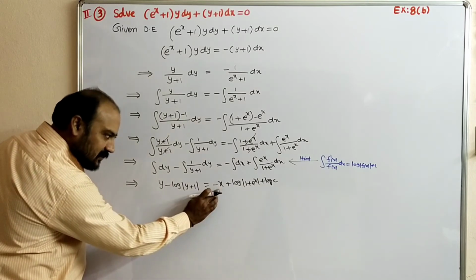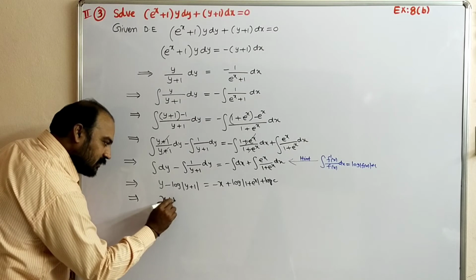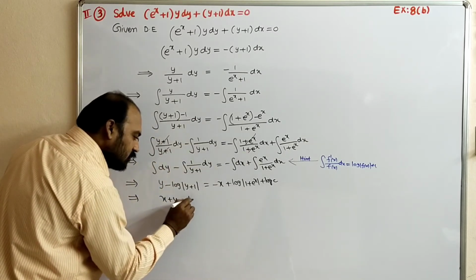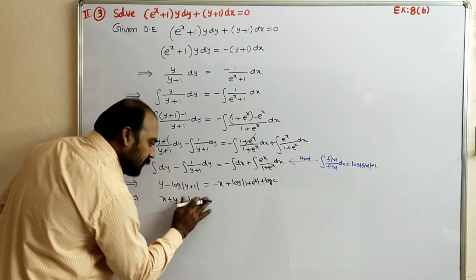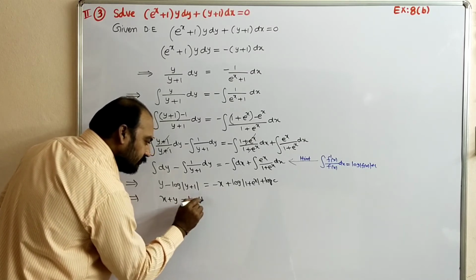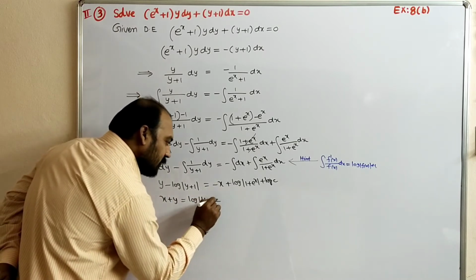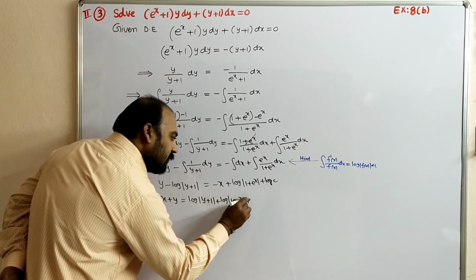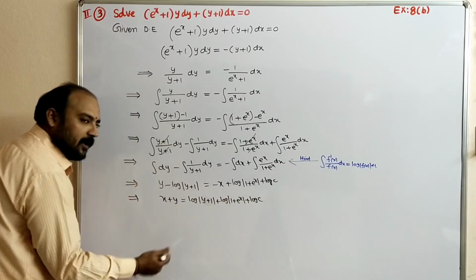Here minus x we can take this side, plus x plus y, and minus log of y plus 1 we can take this side, which is equal to log of 1 plus e power x plus log c. Log a plus log b plus log c is log abc.